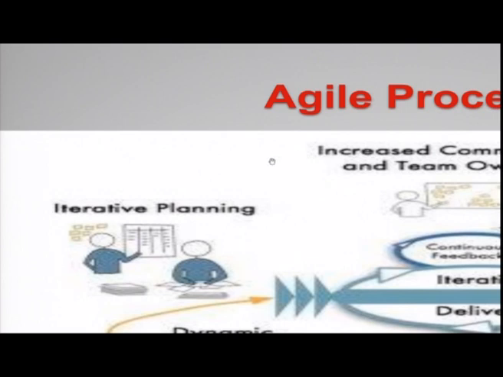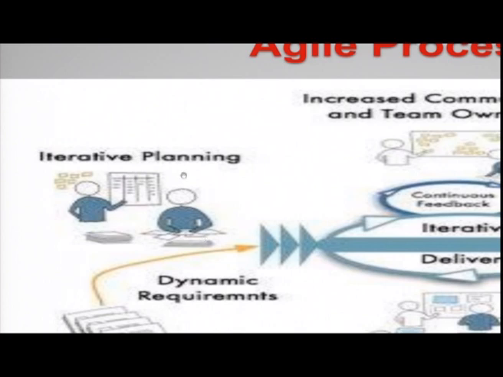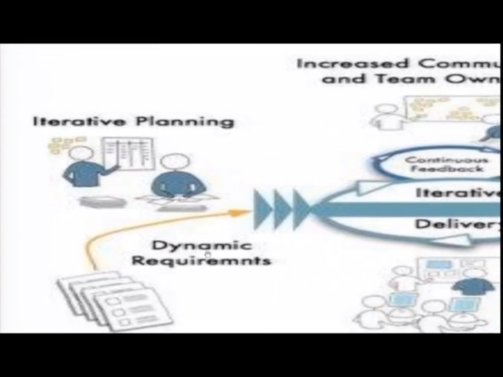So, in agile process, you have iterative planning. My dear students, what do you mean by iterative planning? You plan again and again, you work out with iterations. You have dynamic requirements. My dear students, why do you have dynamic requirements? This is the basic difference between a traditional life cycle model and an agile life cycle model. In a traditional life cycle model, you had only one set of requirements which you call static requirements.